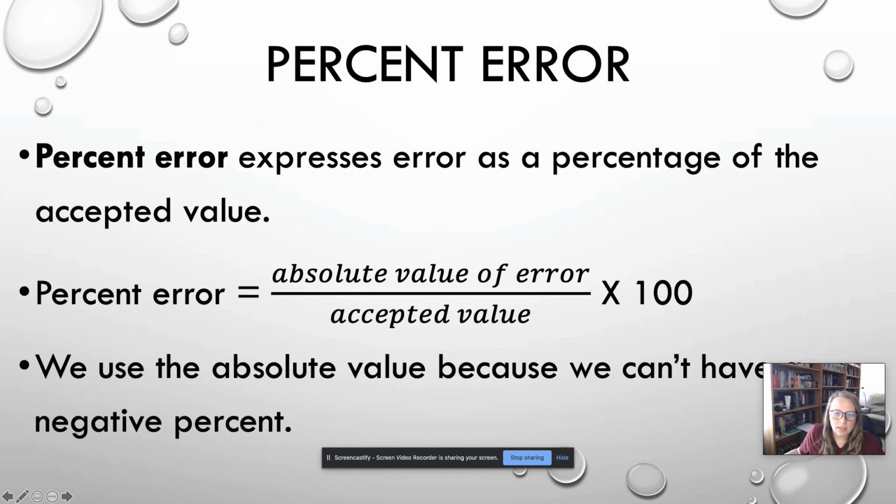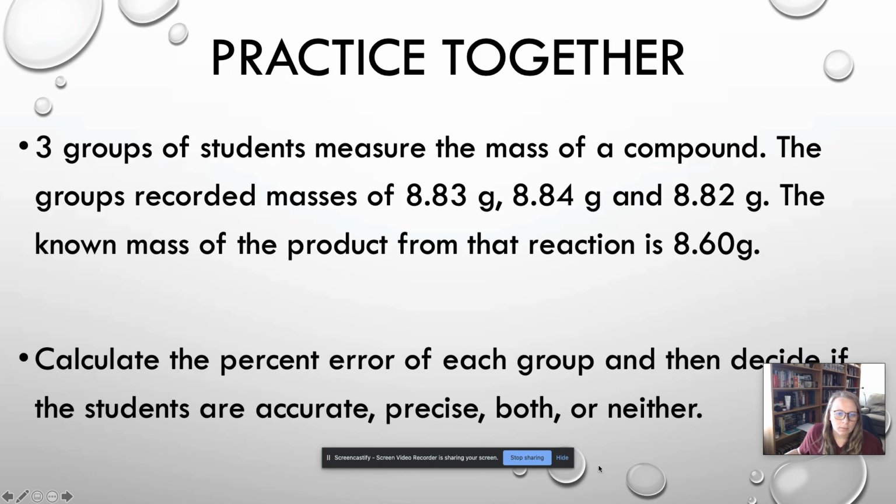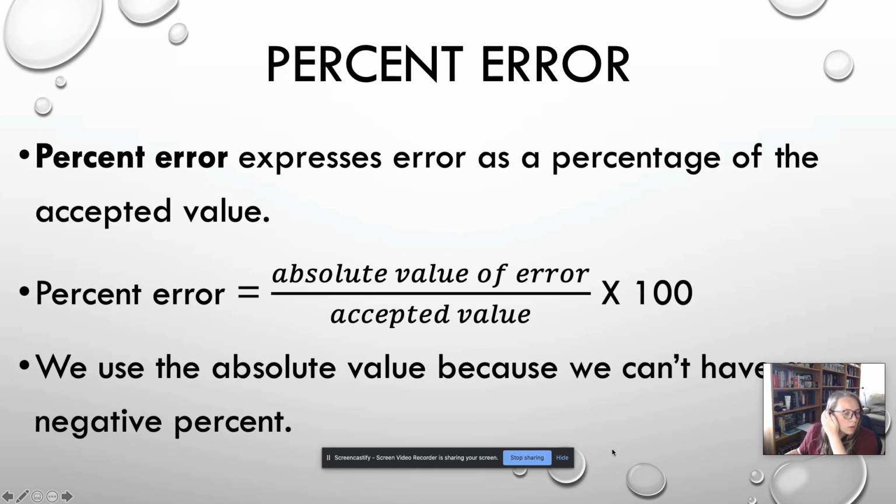Okay, so the percent error formula is percent error equals the absolute value of error. So that's just what you calculated. So instead of putting that, you could say experimental minus accepted divided by the accepted value times 100.